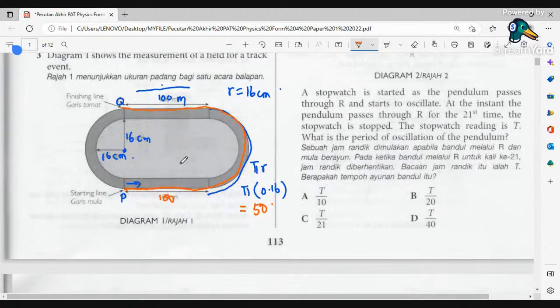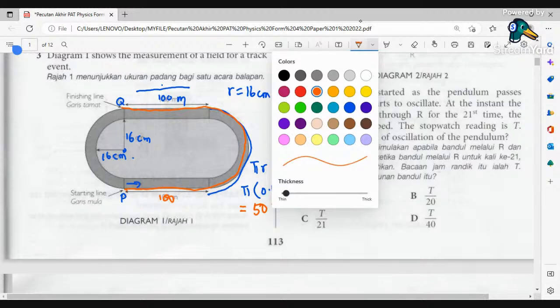And then displacement is the shortest length of path travelled by the object from initial point to final point. So which one is the shortest distance between P and Q?